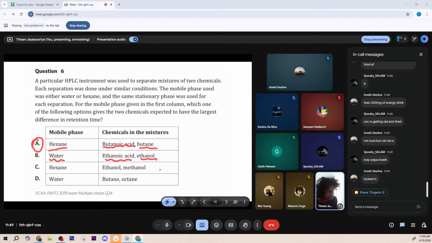You want the two molecules to be a different polarity, yeah? These two are the same polarity and these two are the same polarity, so you'd expect them to have similar retention times. One would still have a lower retention time than the other, but this one would cause the greatest difference, because they are literally different polarities, and here the hexane creates the biggest difference, because the butane will move through much faster, but the butanoic acid won't.